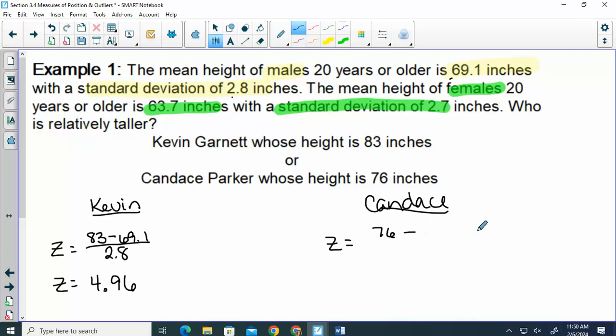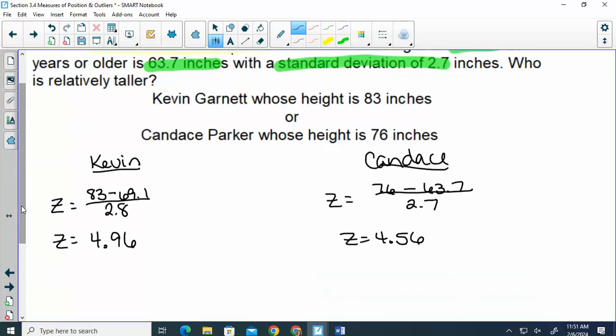What is the mean for her group? Divided by the standard deviation for her group, which is 2.7. So we get a positive 4.56.